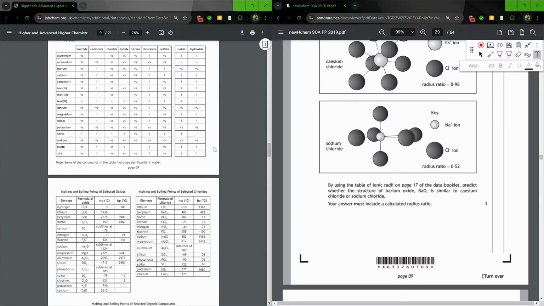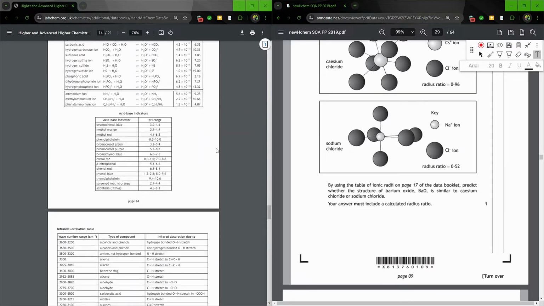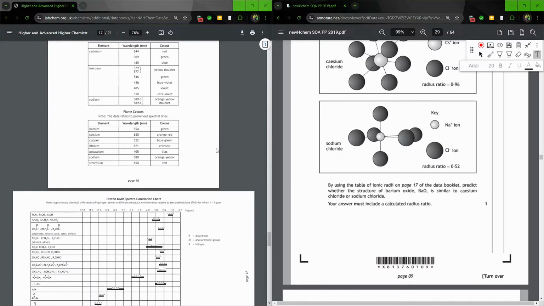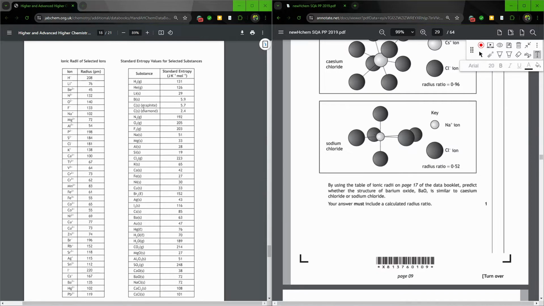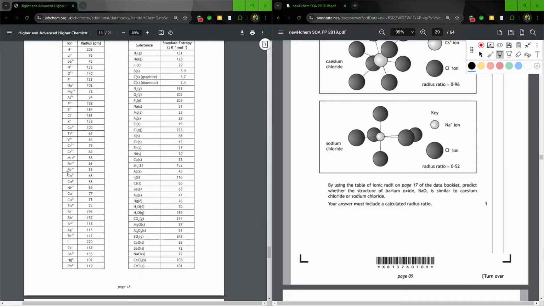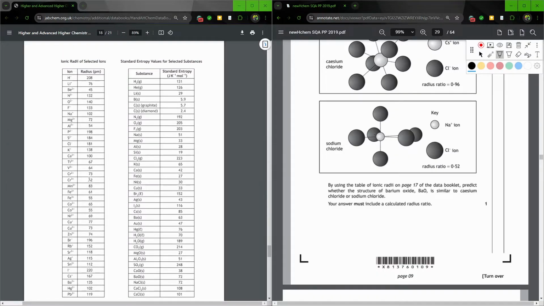So, I'm going to scroll down. It's not page 17, I think it's 18. Yep, there we are. Ionic radii of selected ions. So, we want barium oxide. So barium is somewhere around here. Am I just blind today? Probably. Oh, there we are.